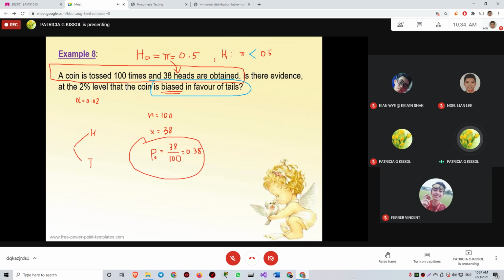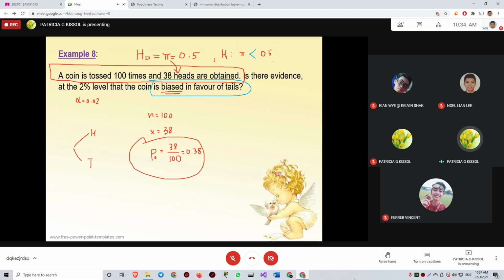So therefore your alternative is the pi is less than 0.5 because your tail is winning. So your head will be less than 0.5. So is it one tail or two tail? One tail. Left or right? Left.